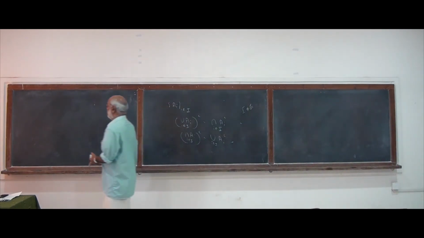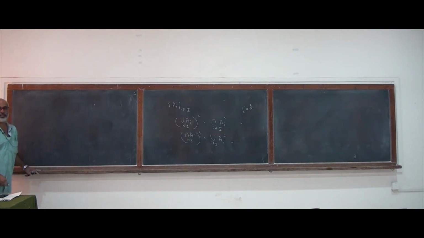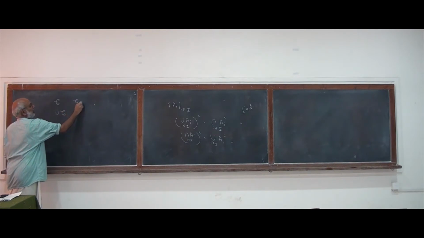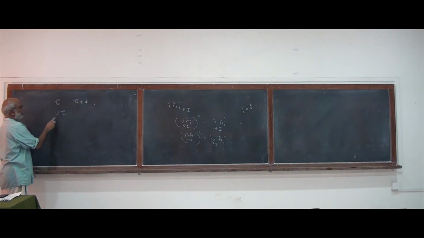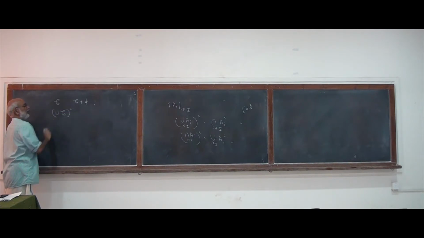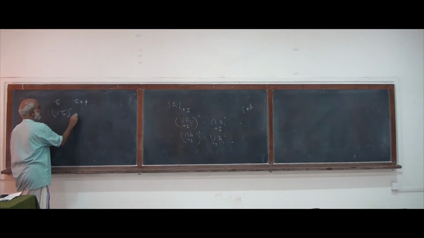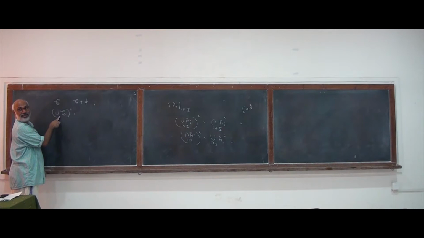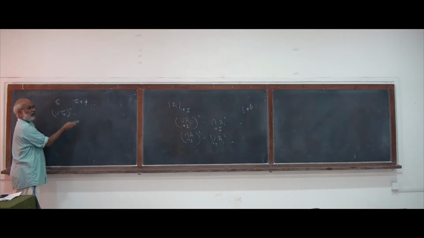If you don't like to use this index notation, you can also write it like this. If C is a collection of sets, you can write the union of C. Let me take a non-empty collection. Then you take the union of C, and the complement of that, the complement of a union, is the intersection of the complements.